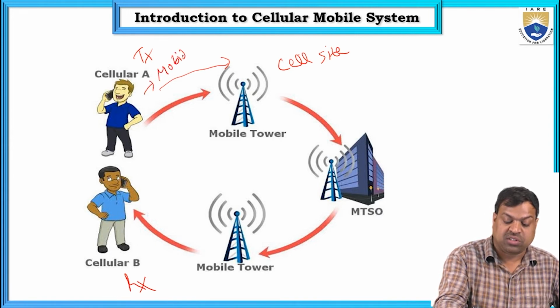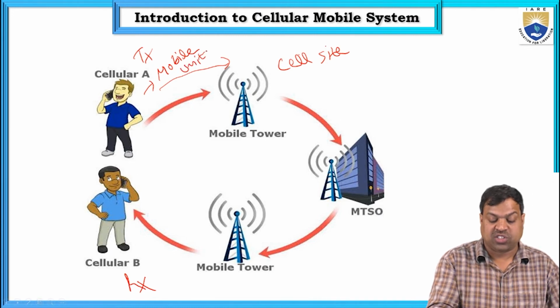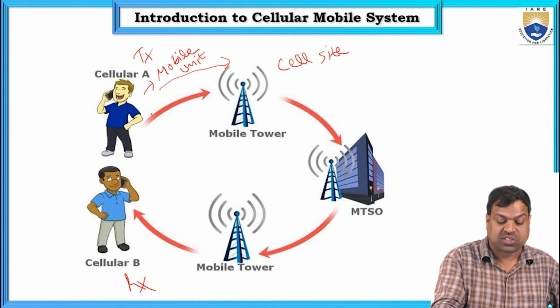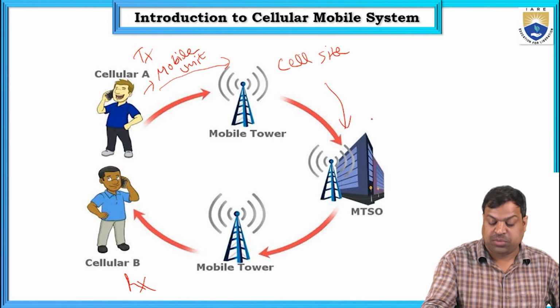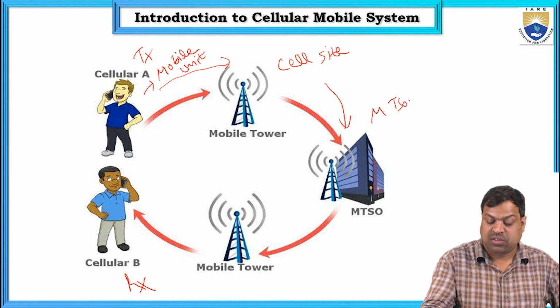In technical terms in the cellular system, this person is the transmitter and a mobile unit. So mobile unit to cell site to MTSO. You know that now already.